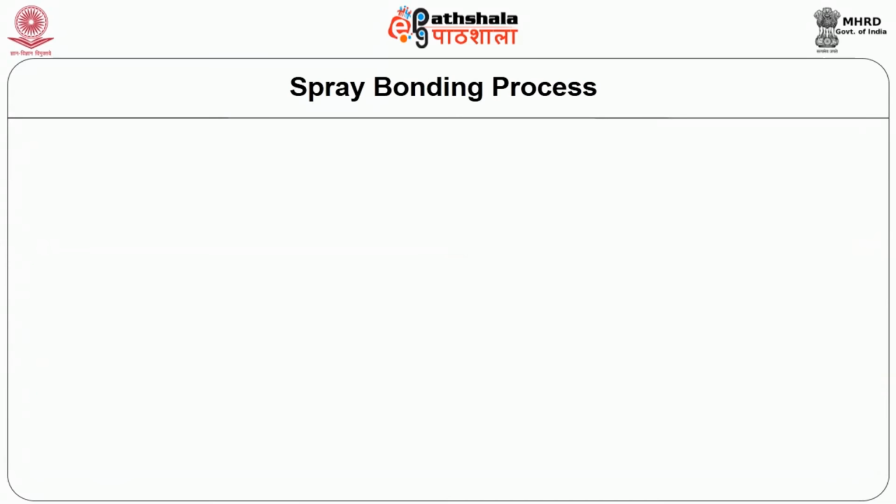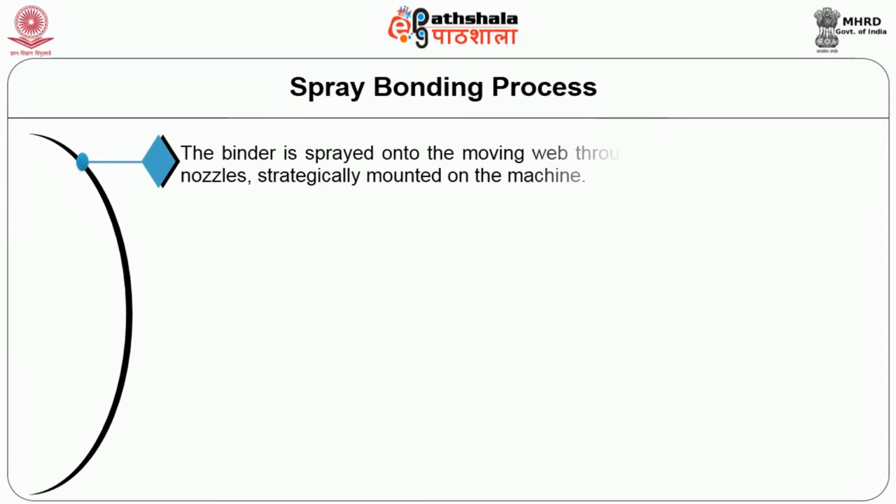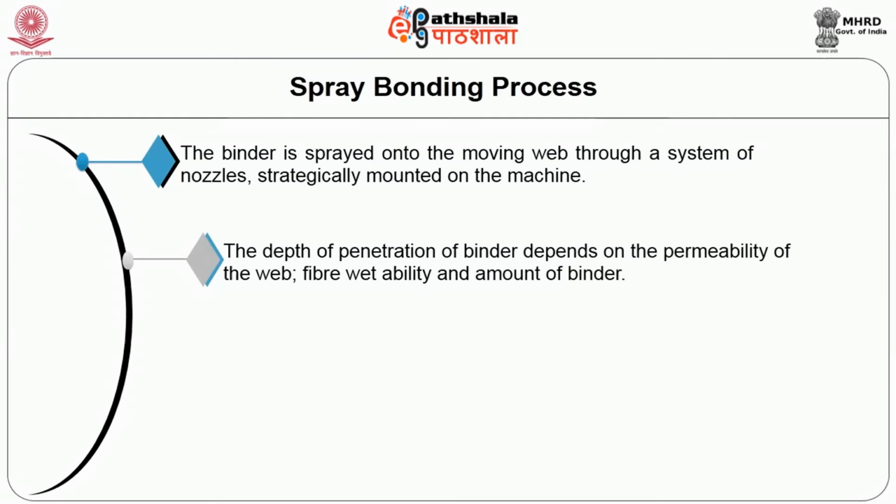The spray bonding process. In this process, the binder is sprayed onto the moving web through a system of nozzles strategically mounted on the machine. The depth of penetration of binder depends on the permeability of the web, fiber wettability, and amount of binder.